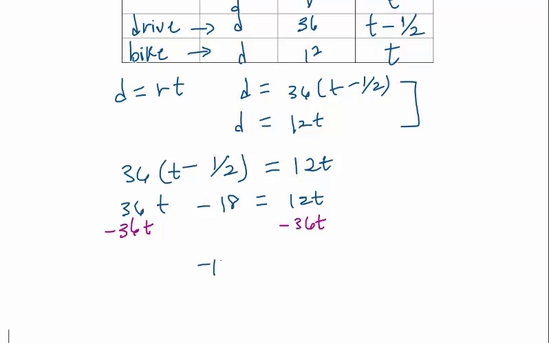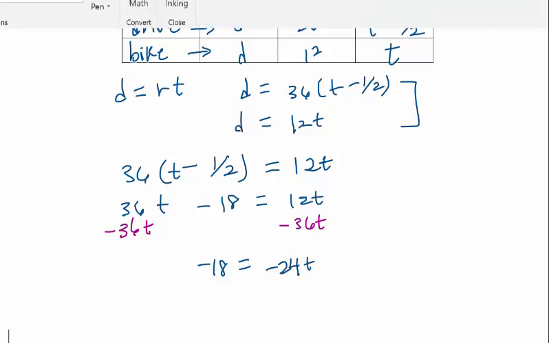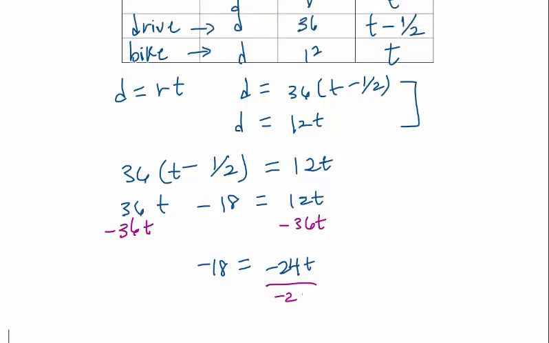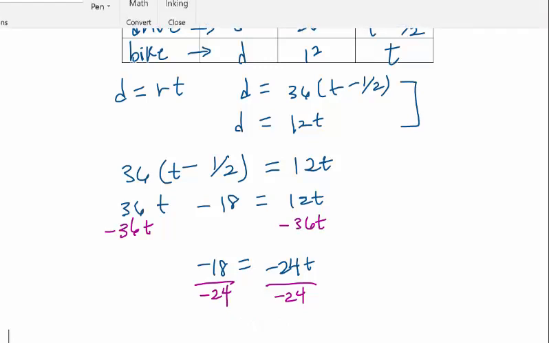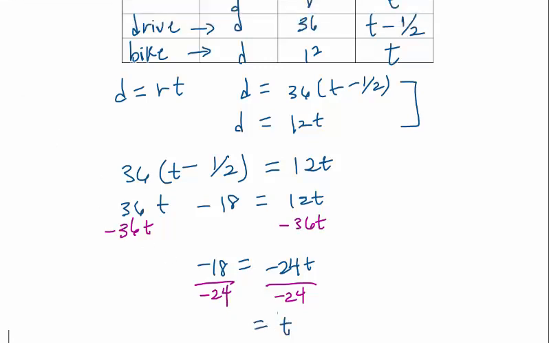So negative 18 is equal to negative 24t, and then divide by negative 24. So t is 18 over 24, or 3/4, which is 0.75.